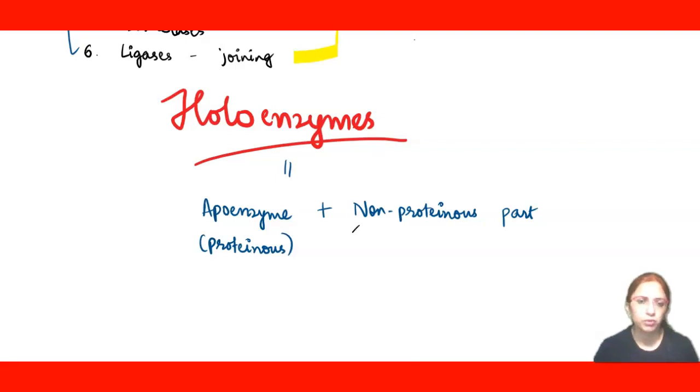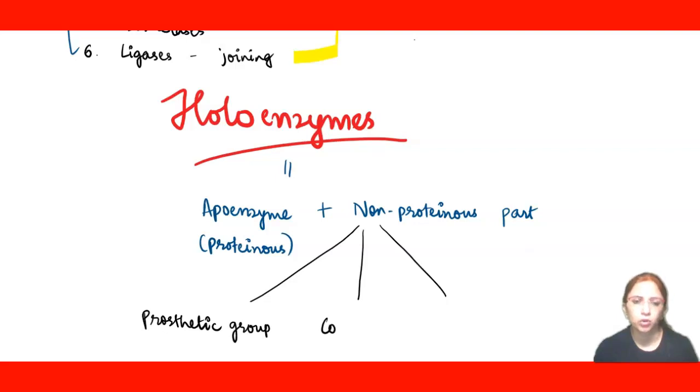Now this non-proteinous part could be of three types. It could either be a prosthetic group, it could be a coenzyme, or it could be a cofactor. Okay.